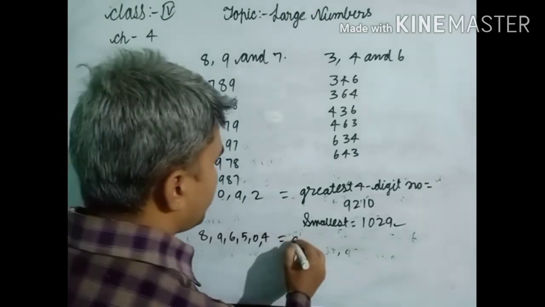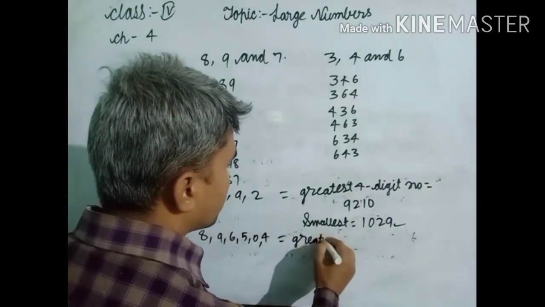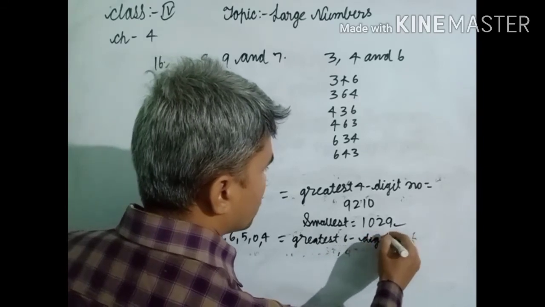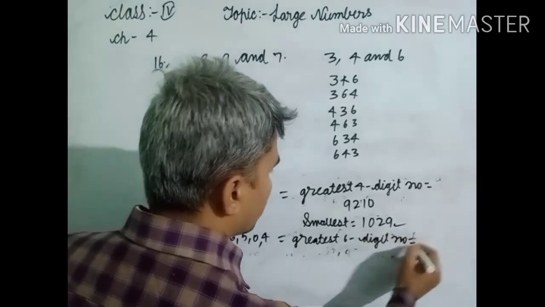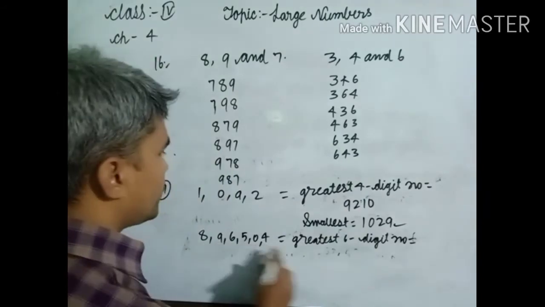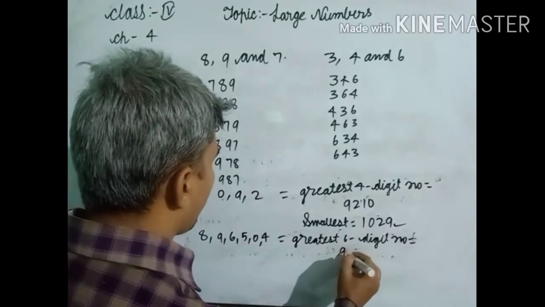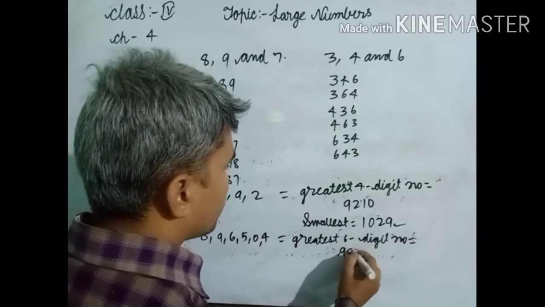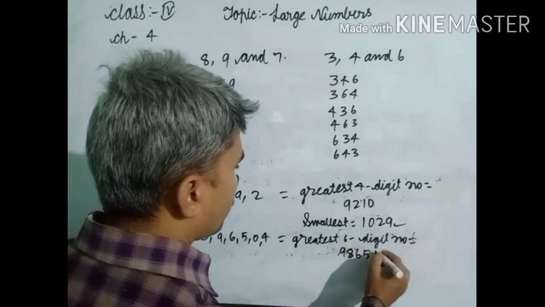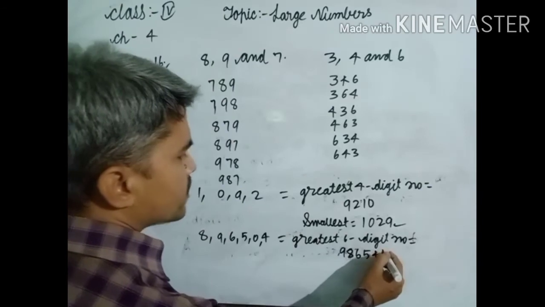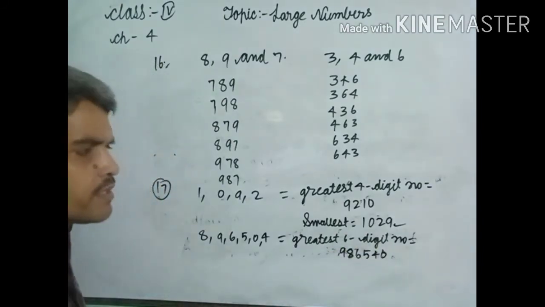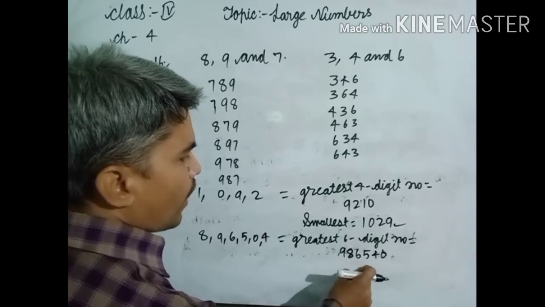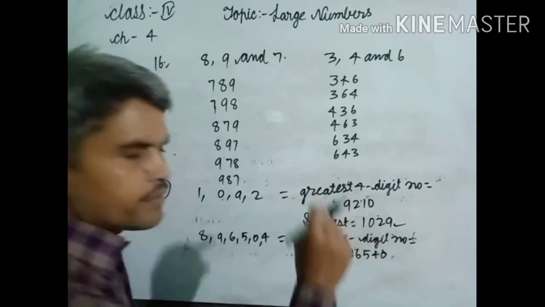So you write here greatest 6-digit number is equal to, starting with the greatest digit 9, 986,540. When you are asked the smallest 6-digit number of the given digits 4, 0, 5, 6, 8, 9, okay.